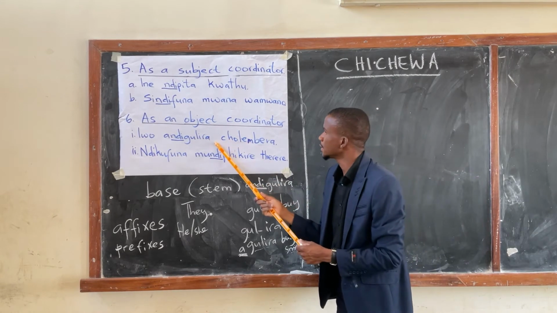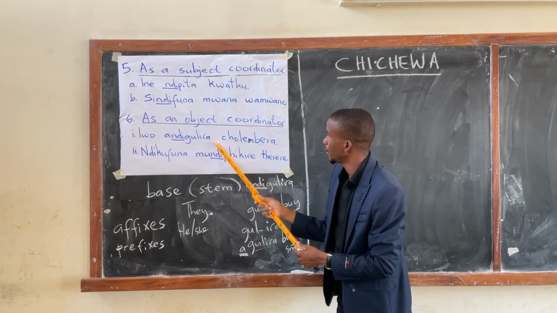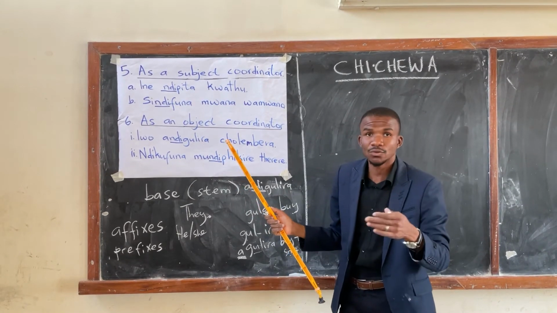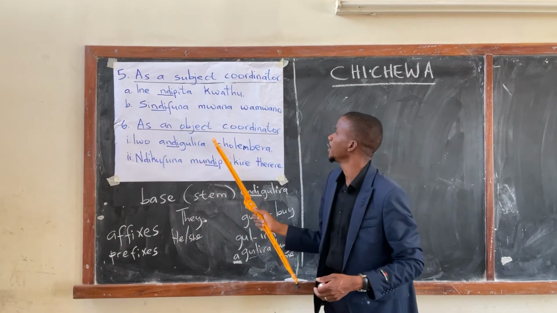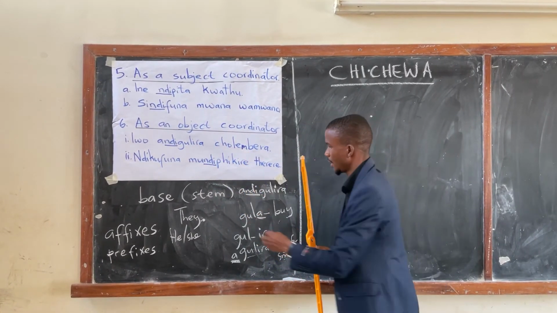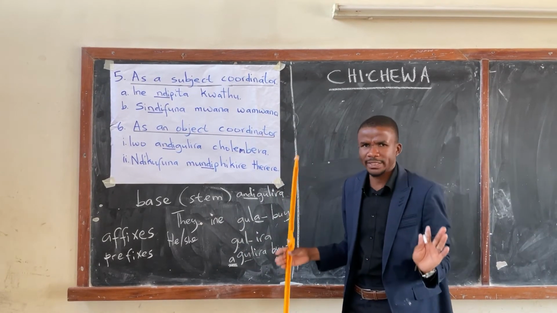So, this sentence has no me in Chichewa literally. If we had a literal word me, it would be iwo andigulira ine cholembera. Andigulira ine. The sentence would still make sense.